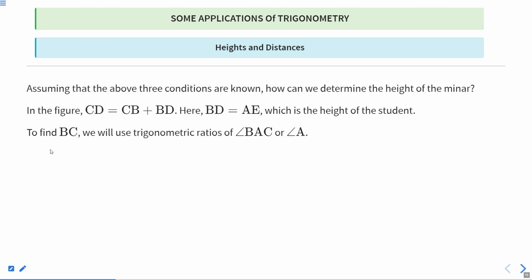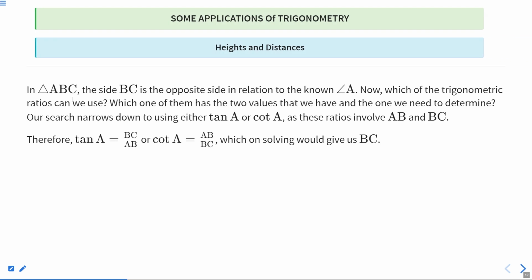To find BC, we will use trigonometric ratios of angle BAC. Given the angle of elevation, angle A, we can use ratios like sin A, cos A, tan A, cot A, cosec A, sec A. In triangle ABC, the side BC is the opposite side in relation to the known angle A. Which ratio has the two values we have and the one we need to determine?